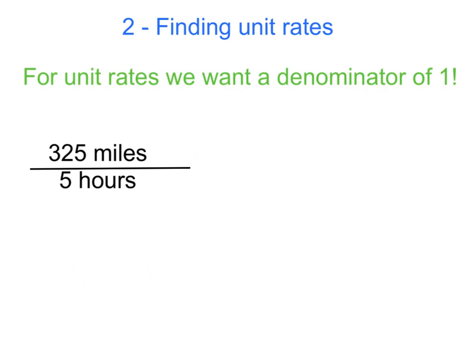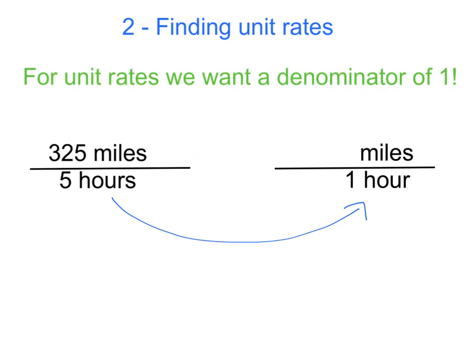In our example, 325 miles per 5 hours, we want to find how many miles there are in 1 hour. To determine how to get from 5 hours to 1 hour, we want to find what number 5 is divisible by to get an answer of 1. So 5 divided by what number will equal 1?